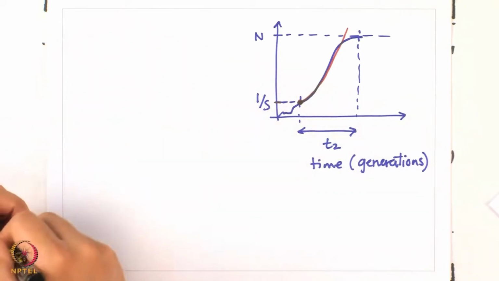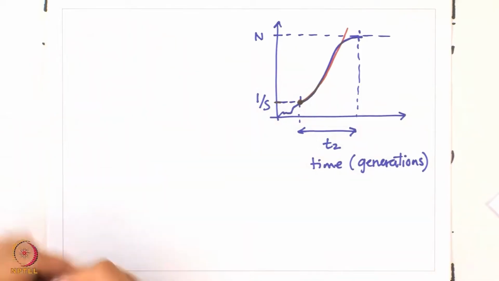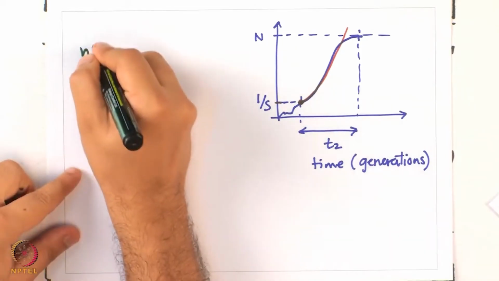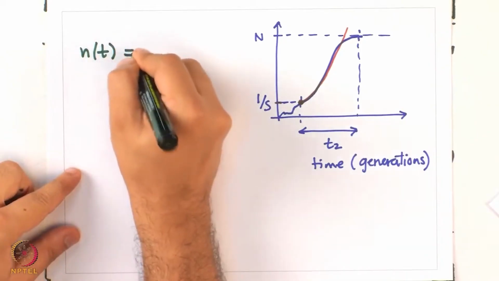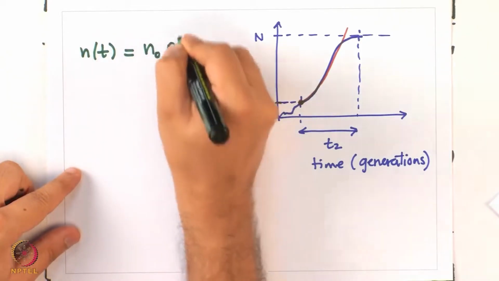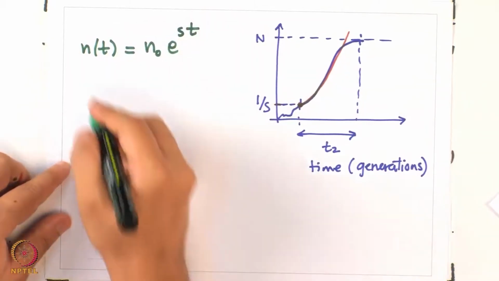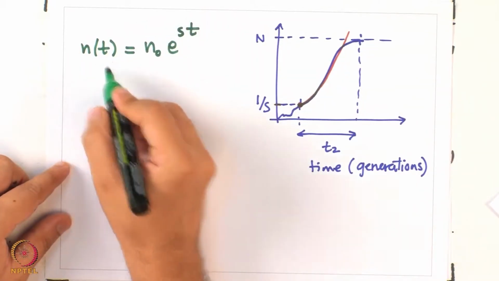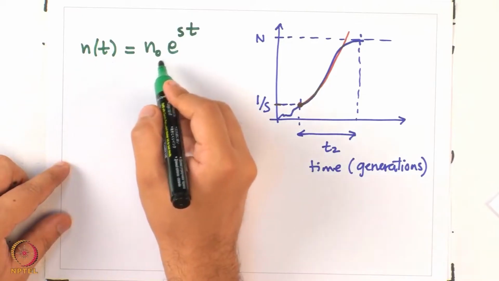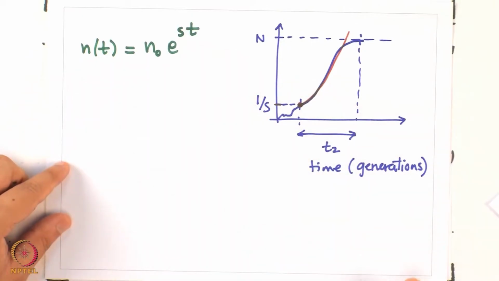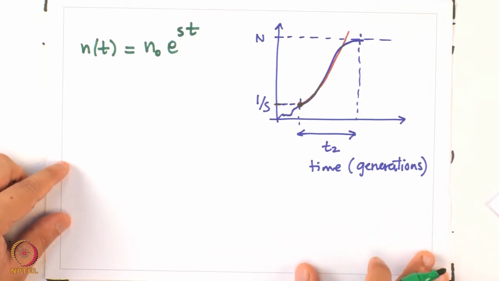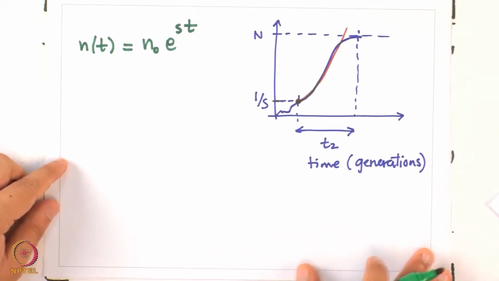So, using exponential growth, we know that numbers vary according to this relation: N(t) is equal to N naught e to the power st, where N(t) is the number of individuals at any time t, N naught is the starting number of individuals, and s is the growth rate, or in this case the selection coefficient associated with the particular genotype.